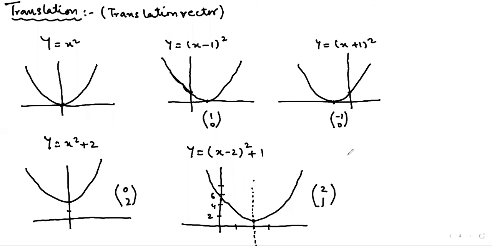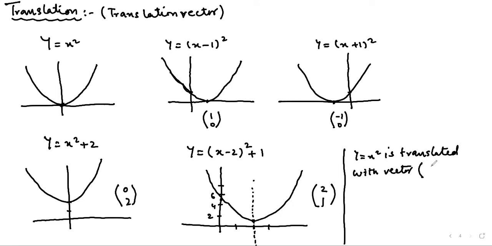Now, there is a question. y is equal to x square is translated with vector -2 and -1. Write down the new equation.